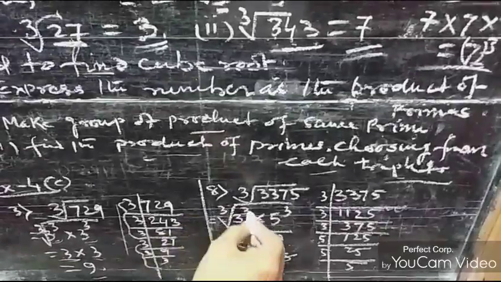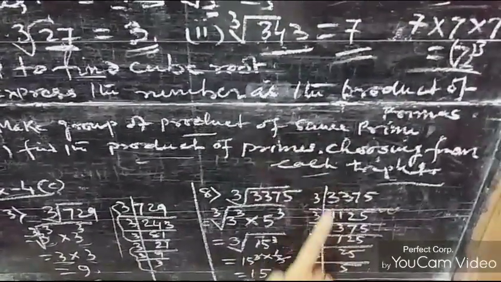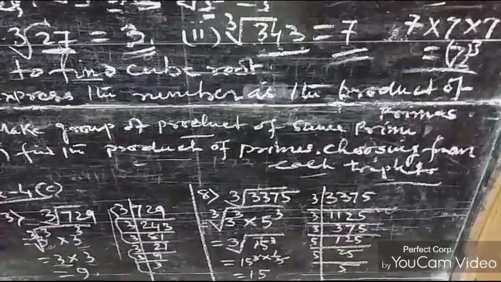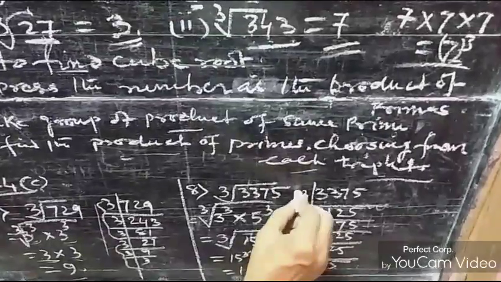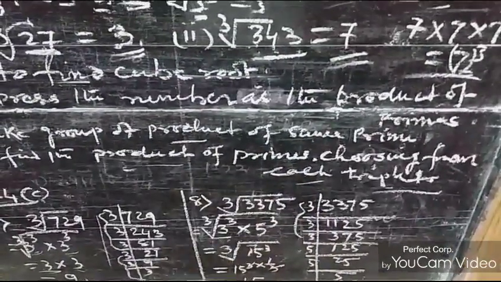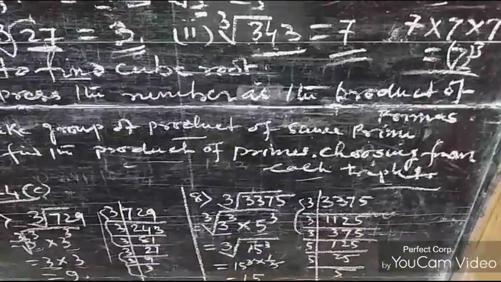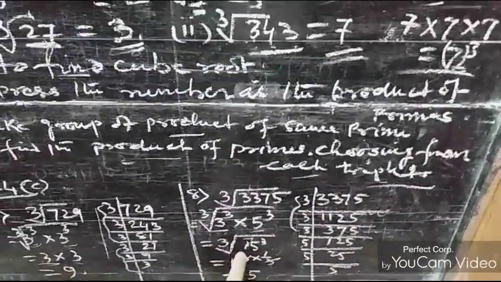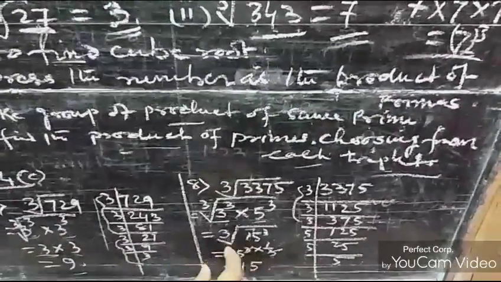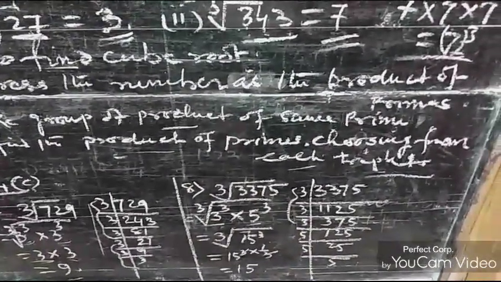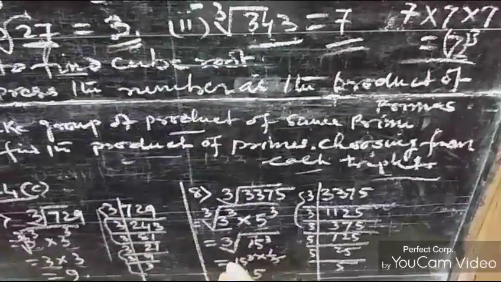The next one, number 8, is the cube root of 3375. First we do the prime factorization and make groups of triplets. This is 3 into 3 into 3, one group, that is 3 cube, and this is 5 into 5 into 5, another triplet, another group. Now try to understand this with the help of exponents, what we did in the exponent chapter.